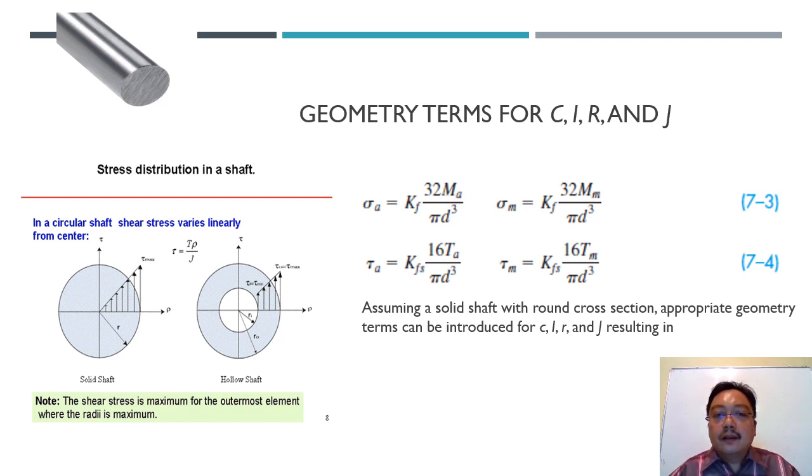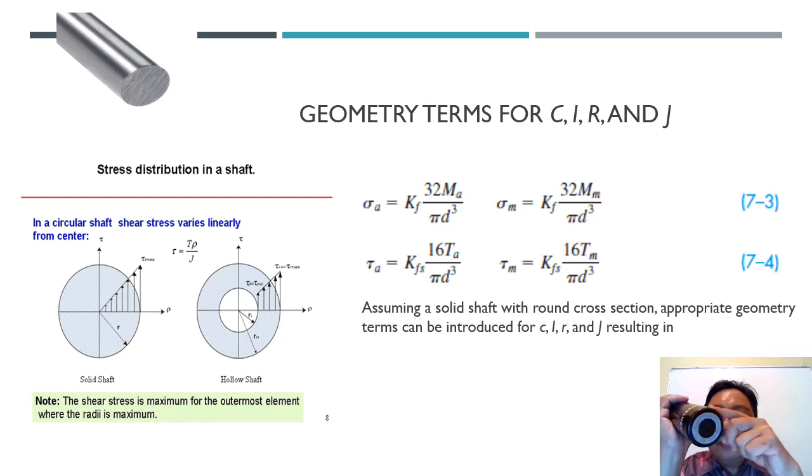Geometric terms for c, I, r, and J. What are c, I, r, and J? C is the outer radius. Let's say this is a shaft, and the middle point is the 0 point. C is the outer radius of the shaft.